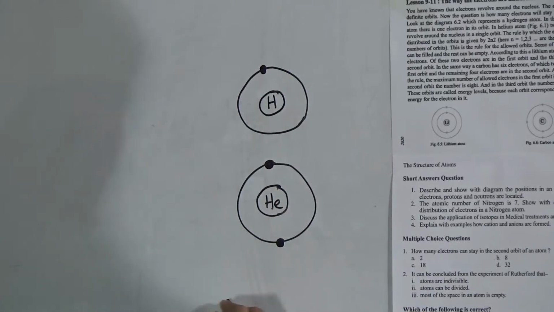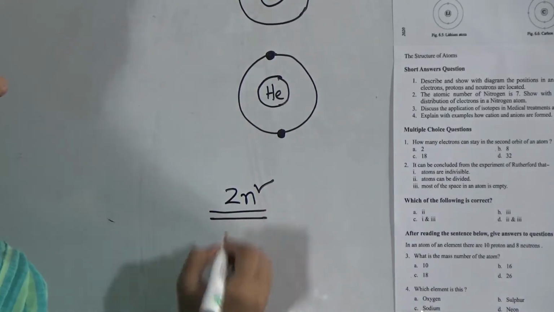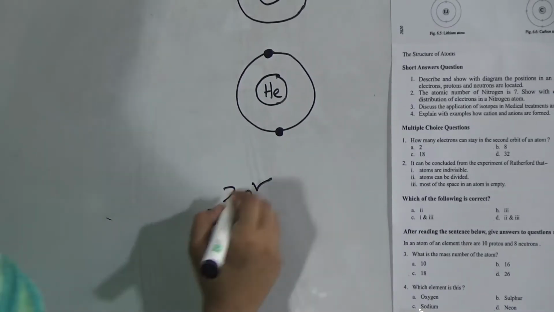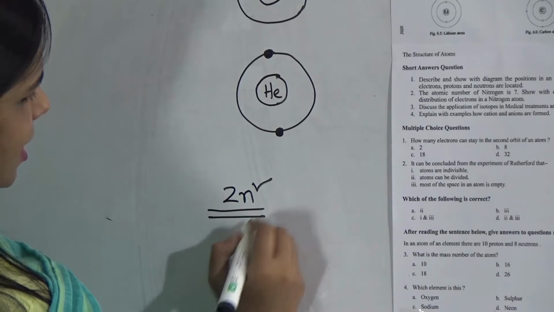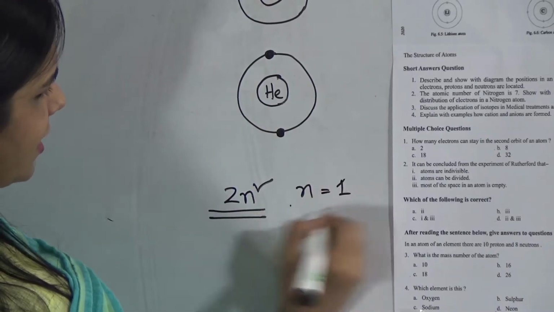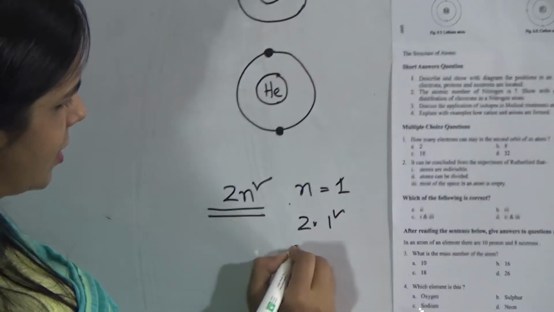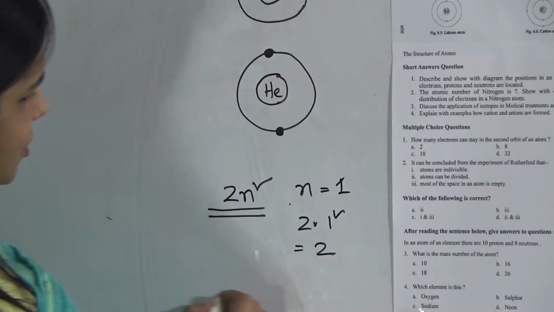We can find out the number of electrons that can stay by applying this formula, 2n squared. Here n is the number of the orbit. In the first orbit, n is equal to 1. That means in the first orbit, 2 into 1 squared, that means 2 electrons can stay.